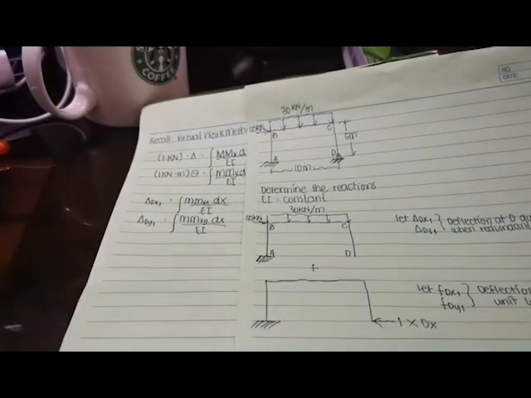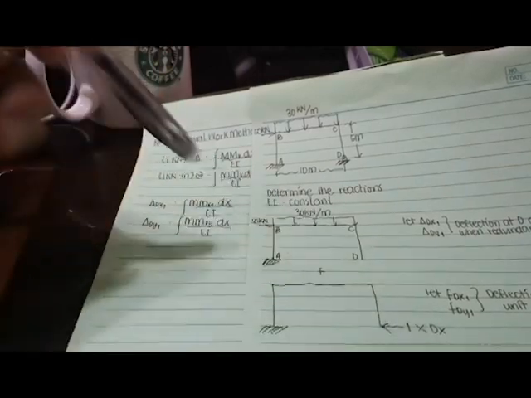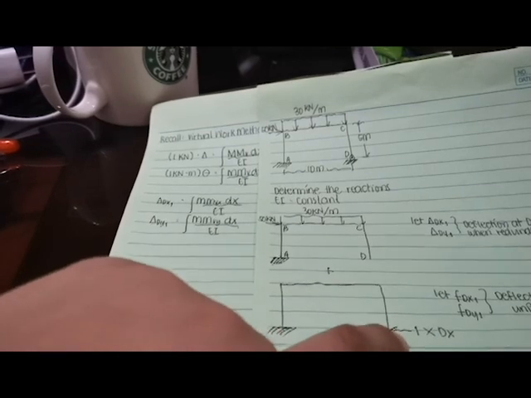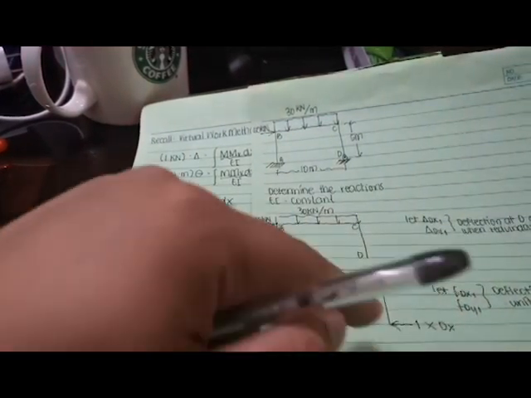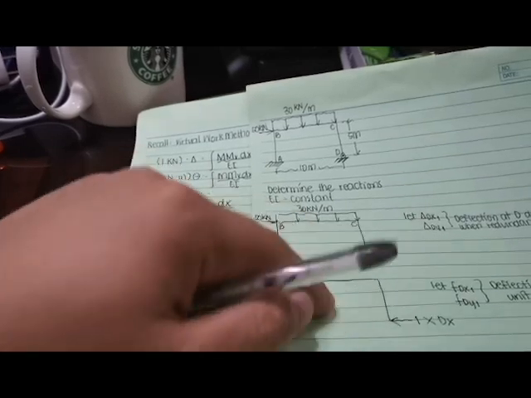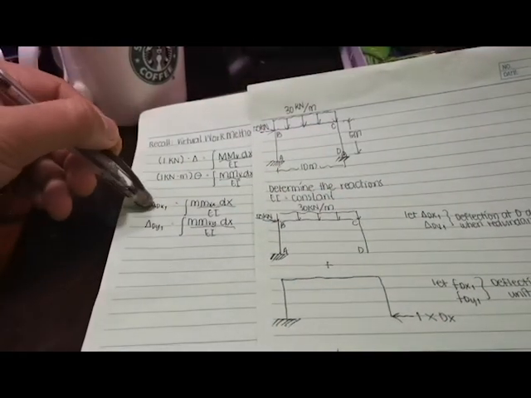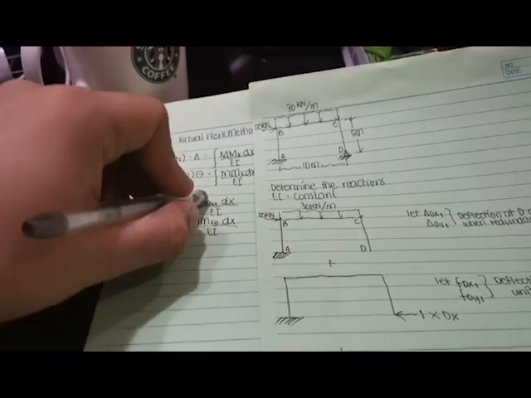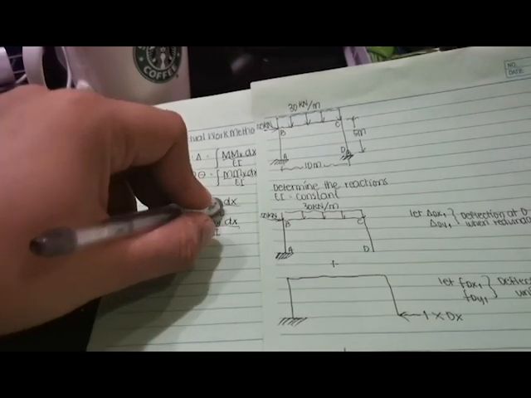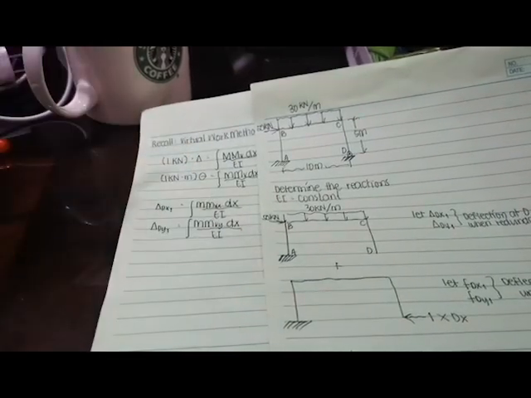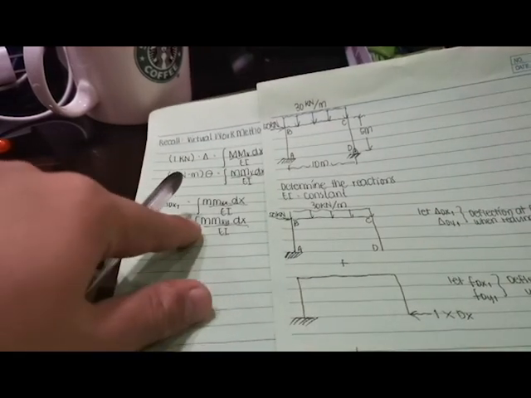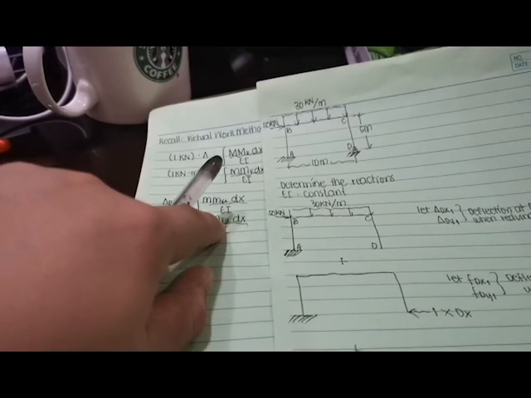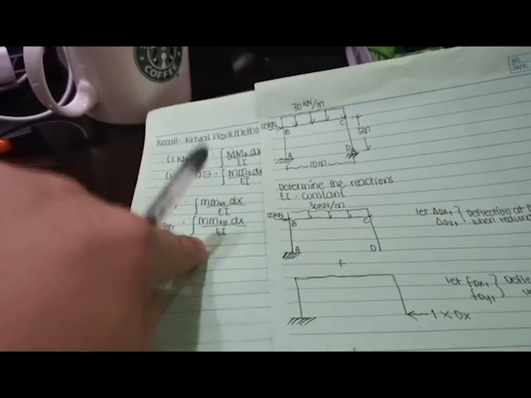So yung ating assumption ng horizontal and vertical reaction, yun na lang ang gagamitin natin as our virtual frame. So therefore your delta dx1 is equal to the integral of the moment ng real multiplied by the virtual moment for x, dx over EI, and delta dy1 is equal to the integral of the moment multiplied by the virtual moment for y, dx over EI.